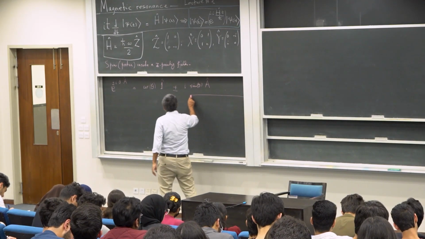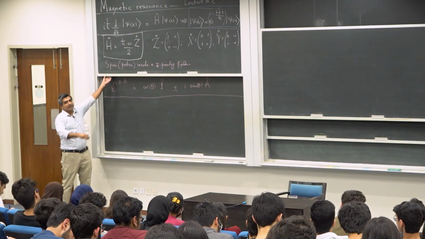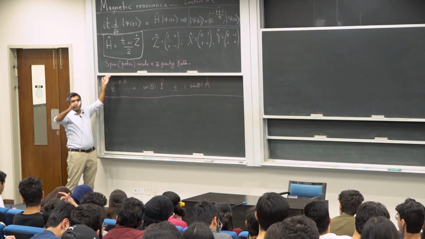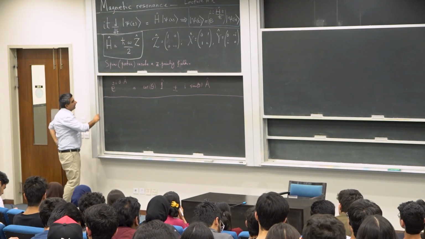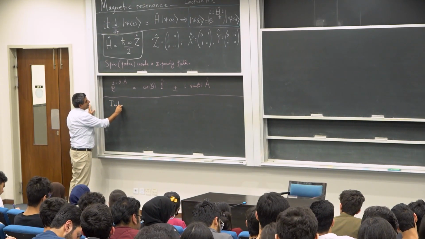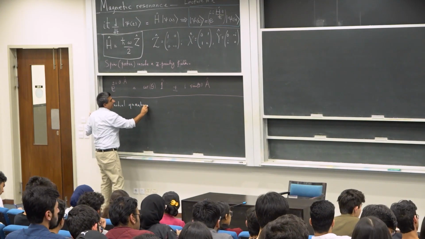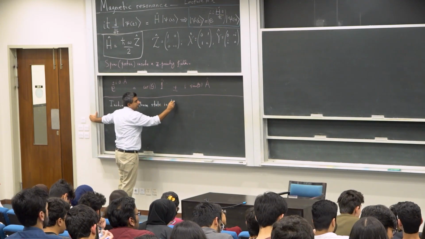Now suppose we look at a proton inside a magnetic field. This is the Hamiltonian. The proton is placed inside a z-pointing magnetic field. And we suppose that the initial quantum state for the proton is ket 0.